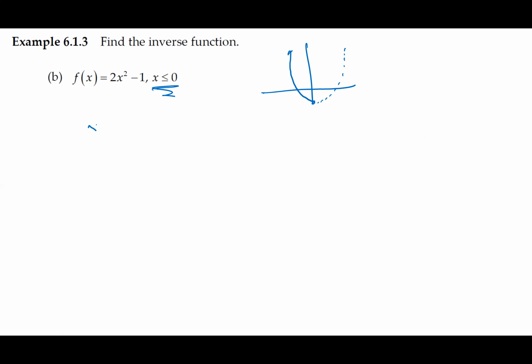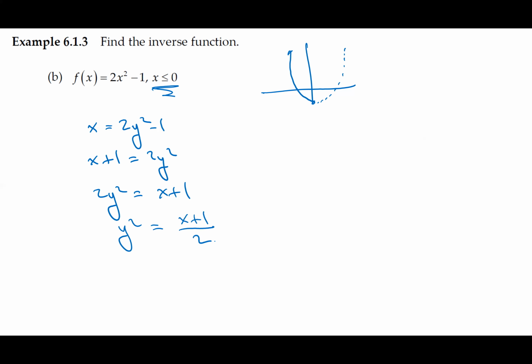Well, let's play that same game. x equals 2y squared minus 1. x plus 1 equals 2y squared. Might as well do this while we're at it. I'm going to divide by 2. And then take the square root. Is that right? Well, careful.